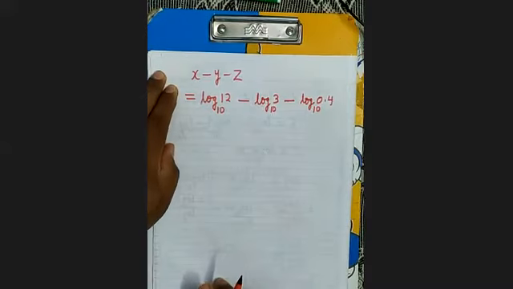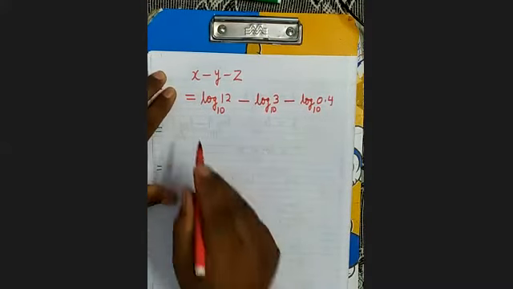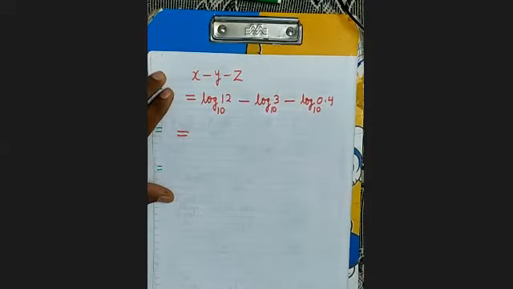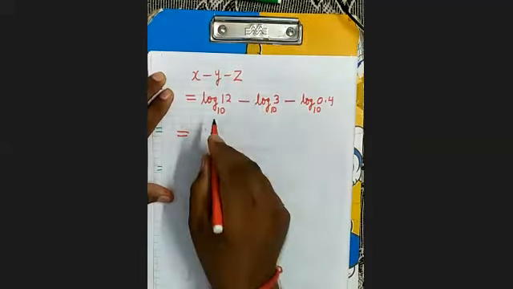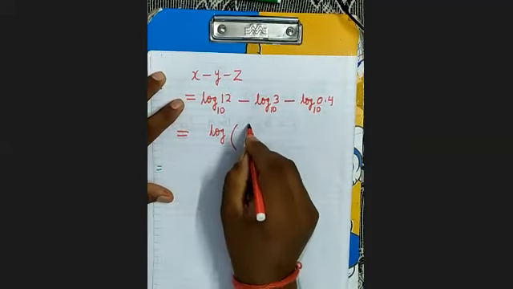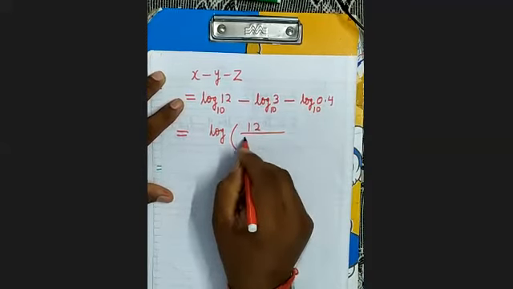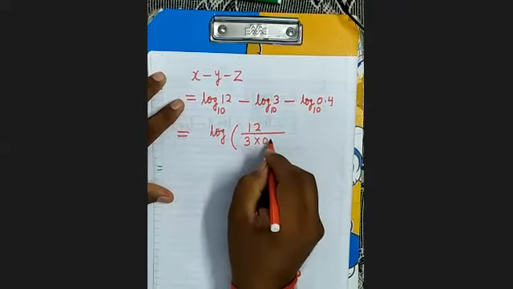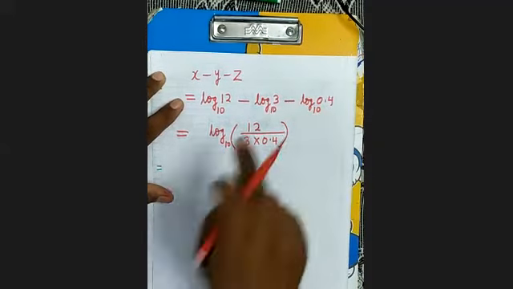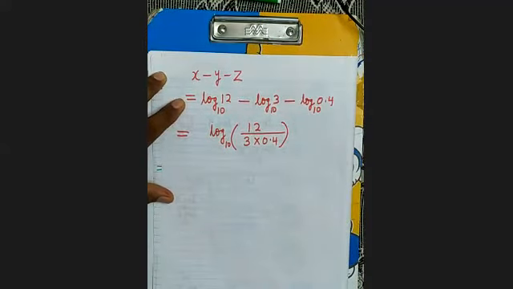It is clear? Now what will you do? हमने बताया है जब ऐसा एक्सप्रेशन हो then what will happen? माइनस वाले टर्म्स डिनोमिनेटर में चली जाती है, 3 into 0.4 to the base 10. Whether it is clear?